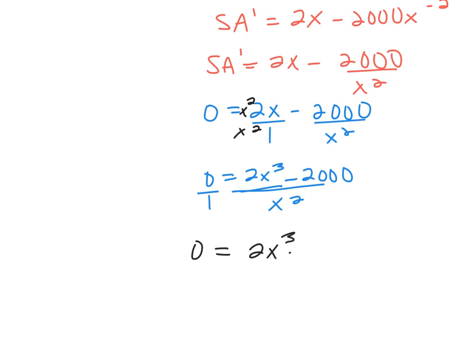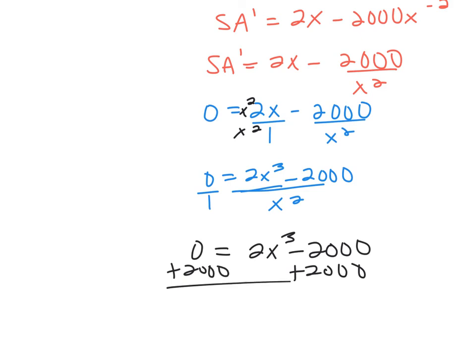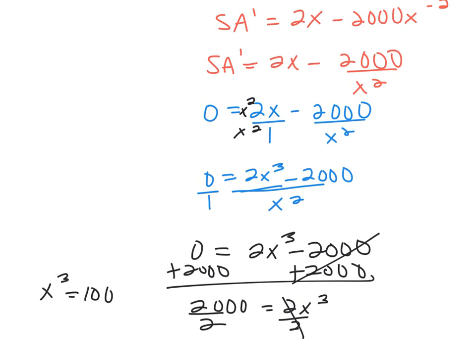So I'm going to add 2,000. That gets you 2,000 equals 2x cubed, divide by 2. So I get x cubed equals 1,000. I'm going to take the cube root, and we all know that the cube root of 1,000 is 10.